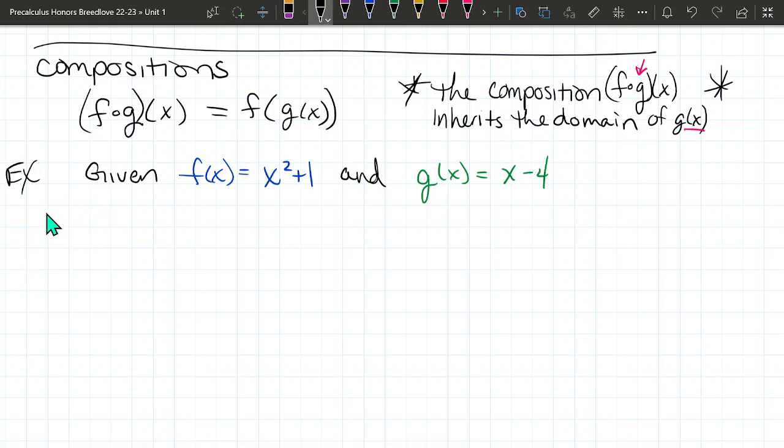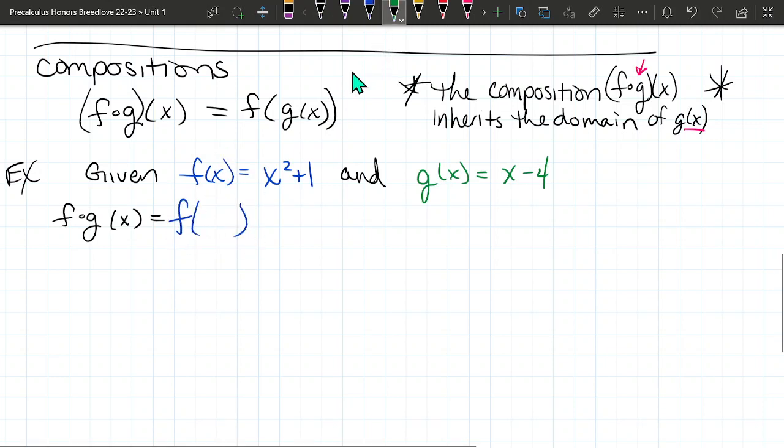So first we're going to do f of g of x. This would be the f function, and then inside the f function, we're putting the g of x function everywhere there is an x in the f.